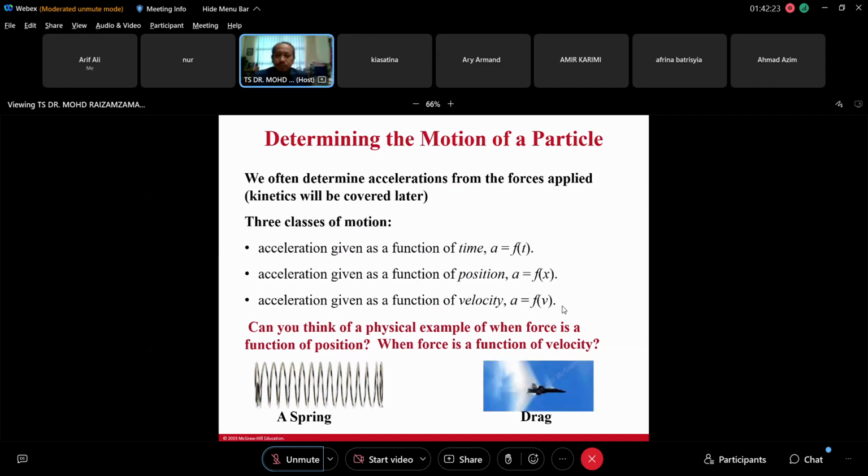Class, just to let you know, there are three classes of motion: A as a function of time, A as a function of position, and A as a function of velocity. Can you think of a physical example of when force is a function of position? Of course, the spring. And when force is a function of velocity, of course, you can refer to the drag force from the aeroplane.